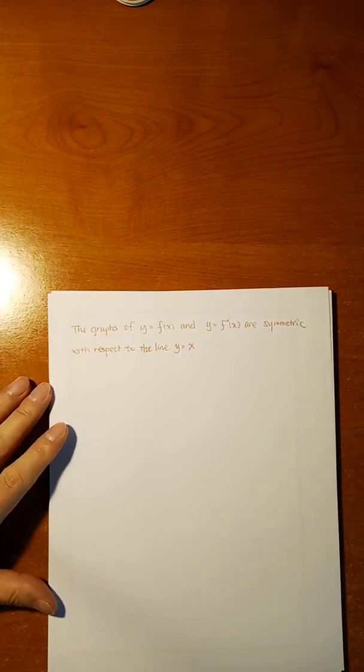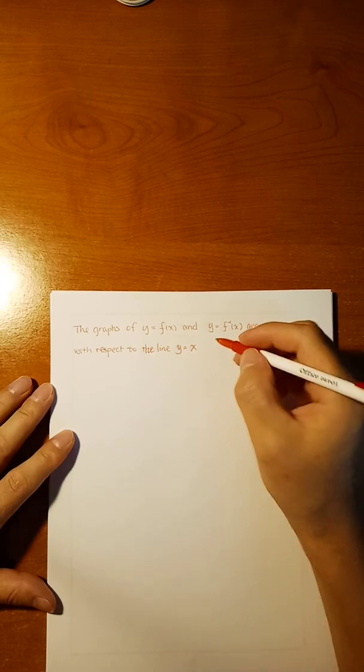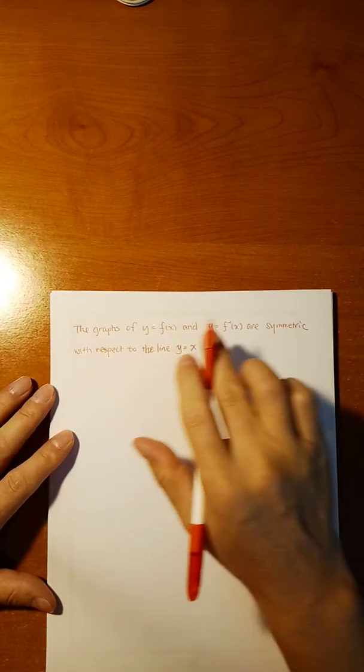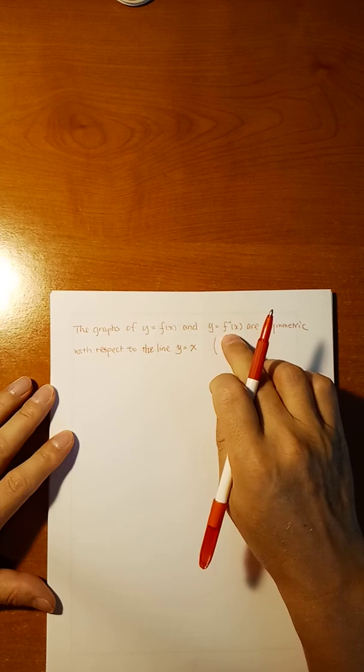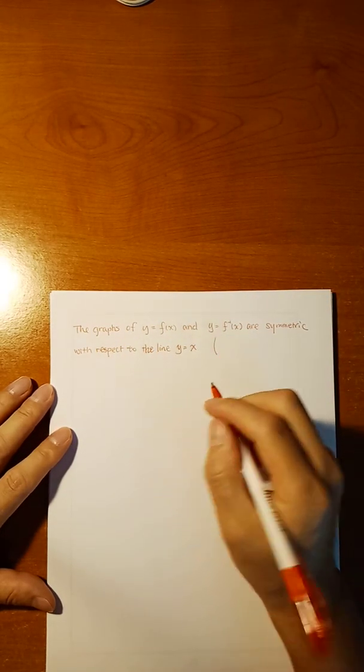This line y equal to x is the diagonal of the first and third quadrant. The reason is that, remember, when we get the graph of an inverse function, we actually interchange the position of x and y.